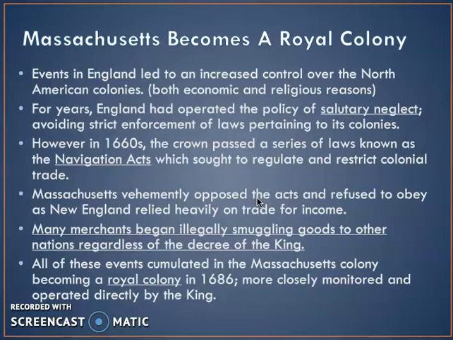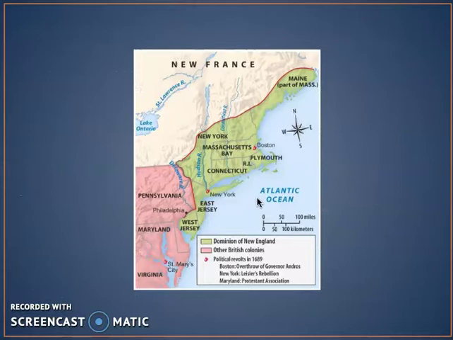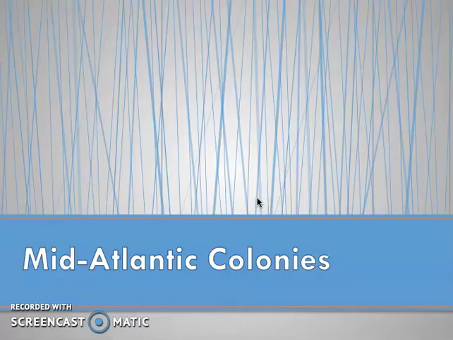And essentially what's happening is when England allows the colonies to trade with whomever they want, the colonies are getting a taste of, they can do this themselves. They can do this without the constant watch of England and the constant looking over of goods and prices and all of that. All right, so this is New England.